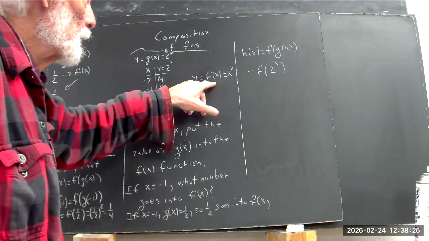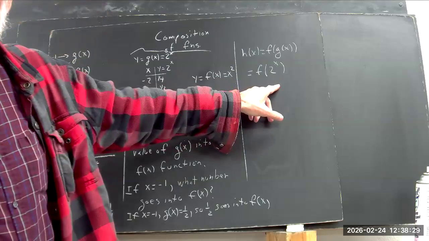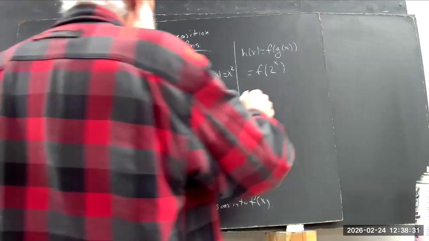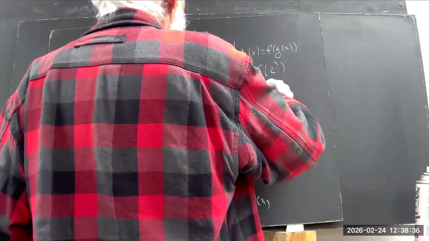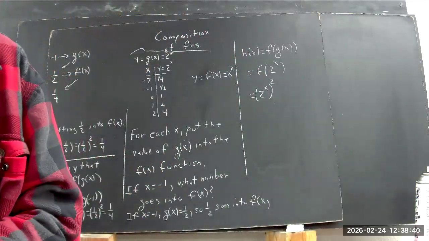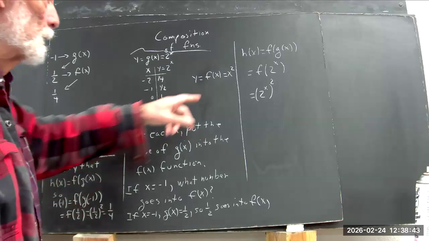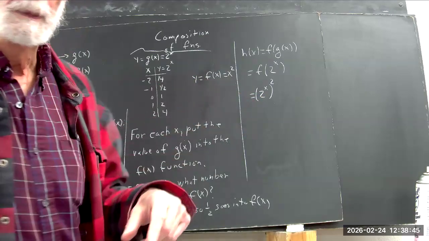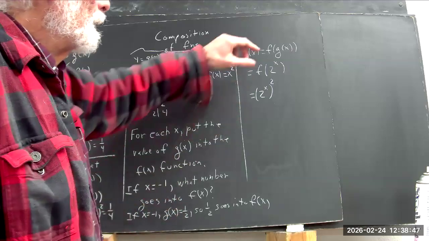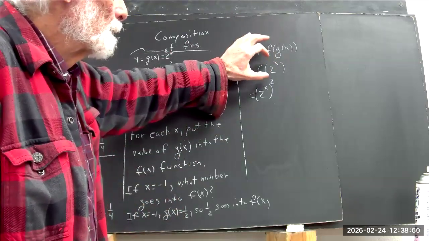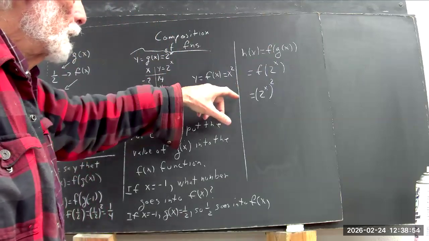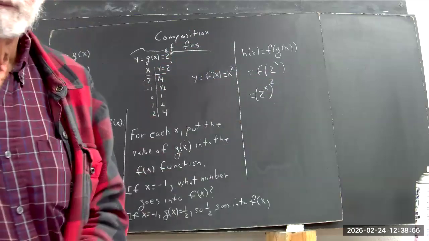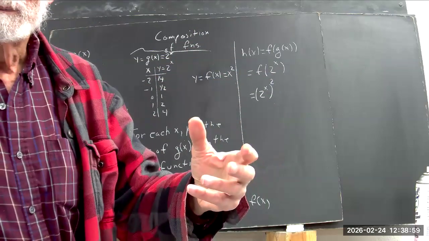Well, you're replacing x by 2 to the x, and that equals 2 to the x, squared, because what f does to whatever you put into it is square it. So the g of x function outputs just plain old 2 to the x. If you input that into the f of x function, f of x squares it. F of x is the squaring function.